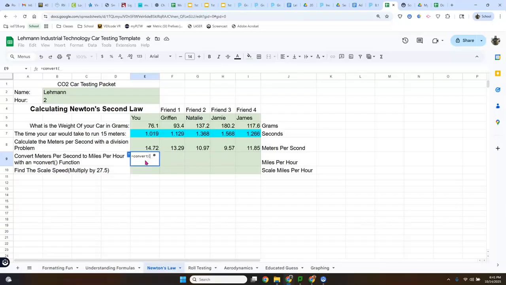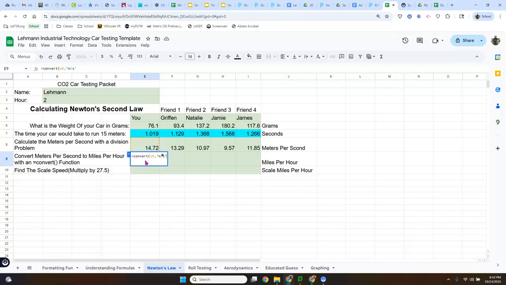And we're going to type in the cell that we're converting, and that's the one right above, and that's E8. We're going to hit comma, and then we're going to write in what it started as. What is the first unit? So we're going to hit quotation mark, and then we're going to do meters, which is M, /S, and that's meters per second, and then a quotation mark again.